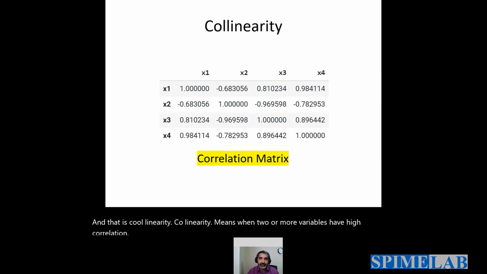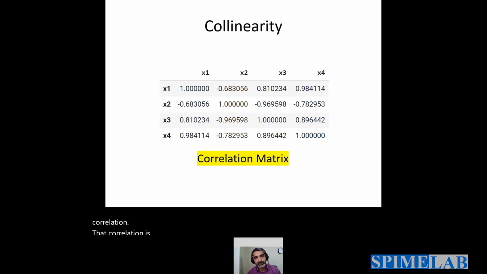That correlation has something to explain the structure and the relationships among the features, among the variables, among the columns of the data. And we can capitalize, we can use that relationship between the variables to explain.